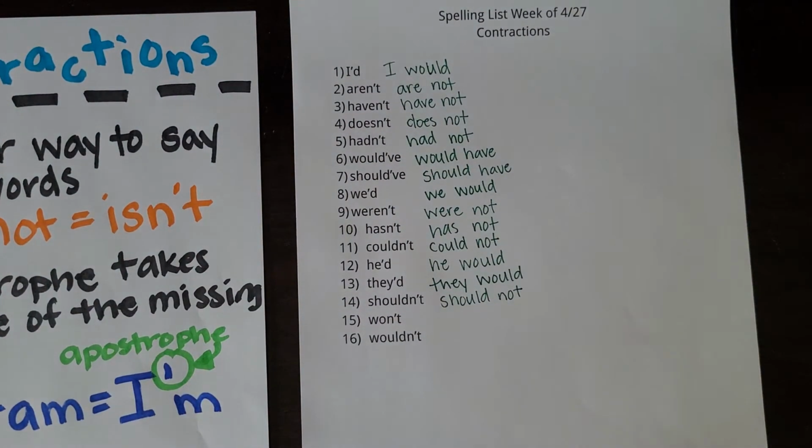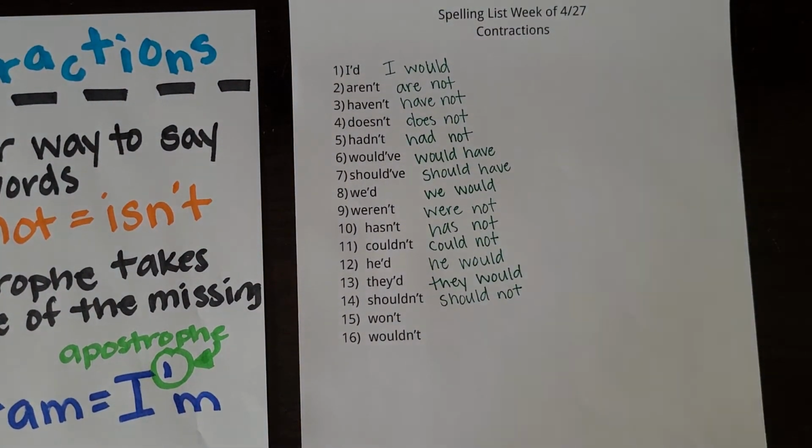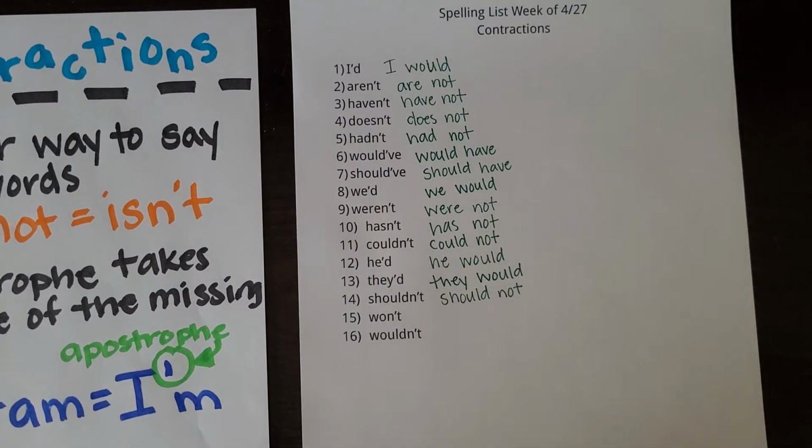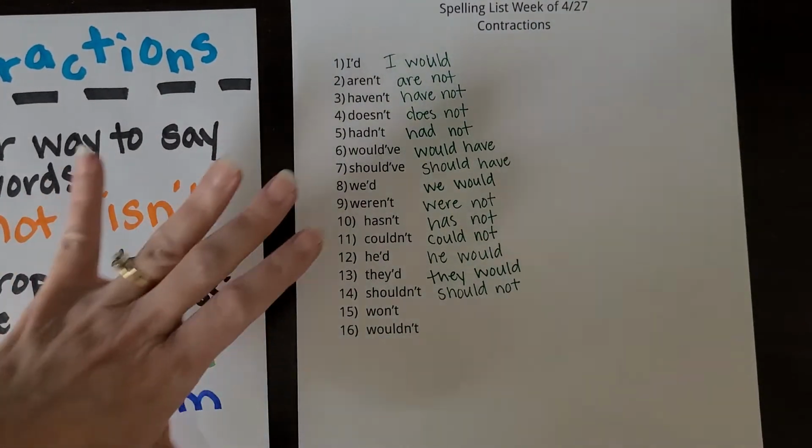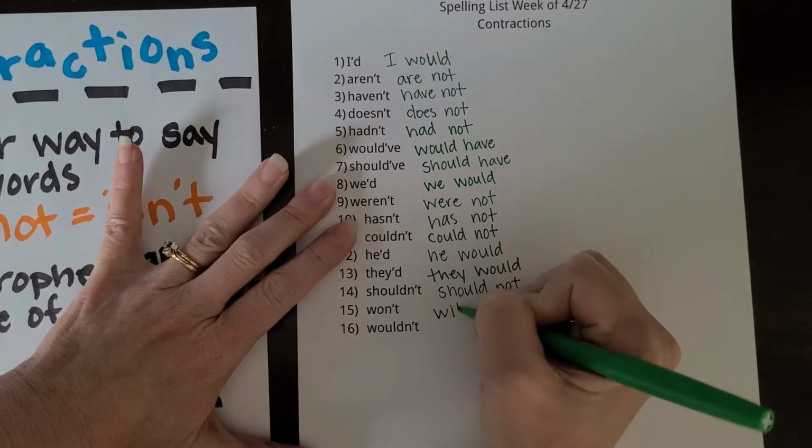Won't is a special contraction. The exception and the reasons behind it are too complicated to explain, because honestly, even Miss Irvine is a little bit confused as to why they do won't this way. But won't is actually will not.